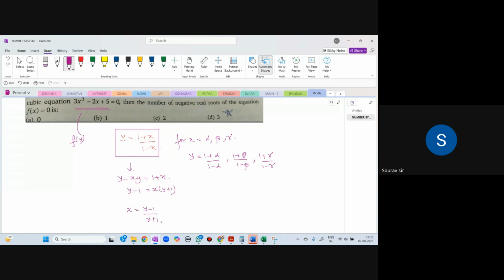Understood? So now this is x in terms of y. Now you replace x here in terms of y to convert this to fy.